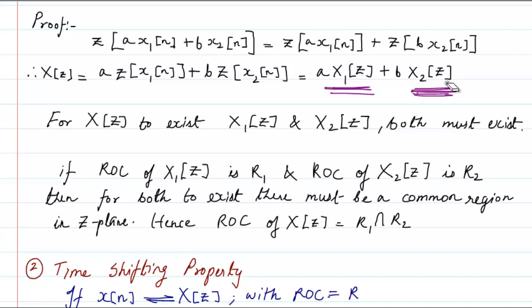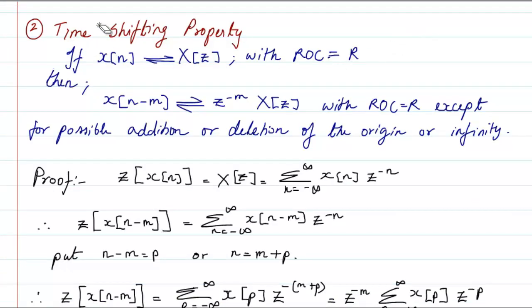Therefore, there has to be some common region wherein both of these will exist, because of which X of z will exist. That is why we are saying that if the ROC of X1 of z is R1 and the region of convergence of X2 is R2, then for both to exist there must be a common region in the z plane, and that common region will be the intersection of R1 and R2. Hence the ROC of X of z will be the intersection of R1 and R2.